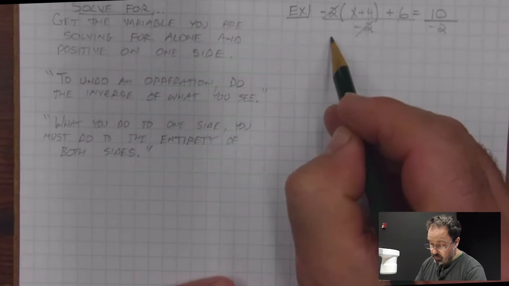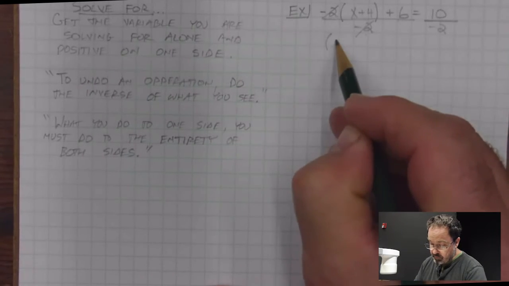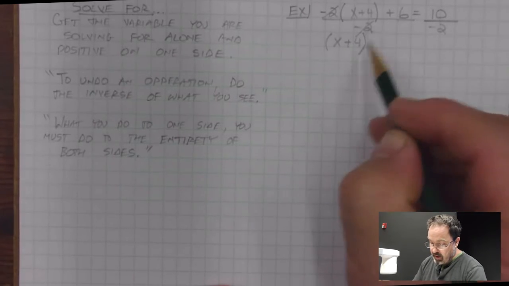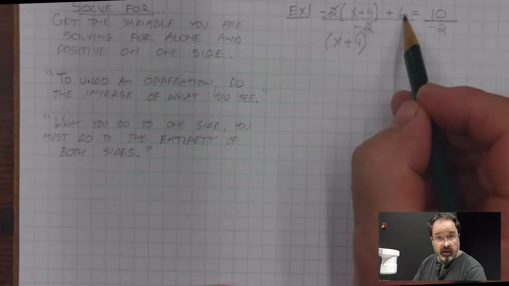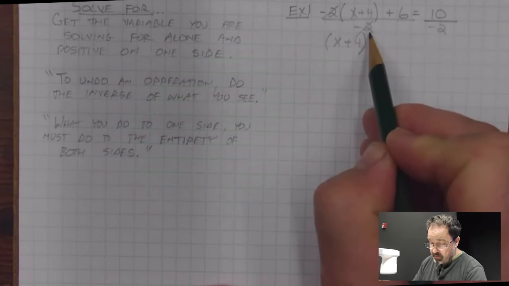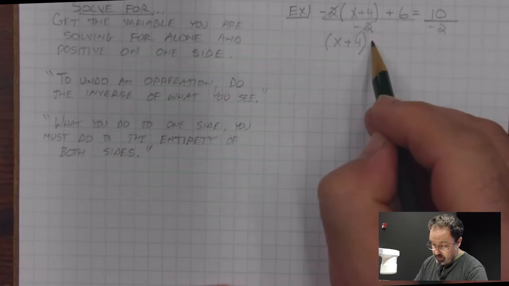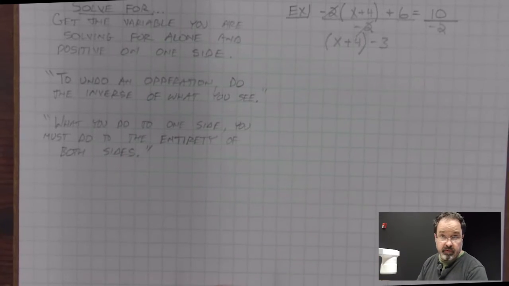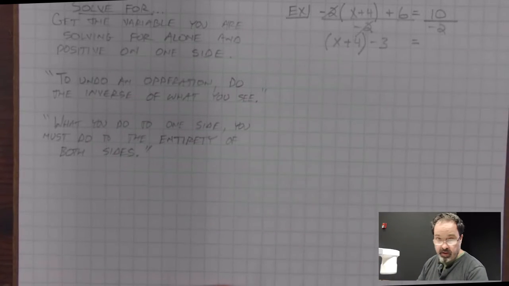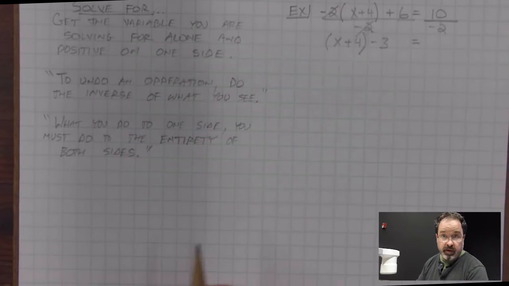So I'm going to write what is left. After I divide both sides by -2, I have the x plus 4, and I'm not adding 6. I need to add what 6 is after it's divided by -2, which is -3. And that's equal to the other side, 10 divided by -2. 10 divided by 2 is 5.